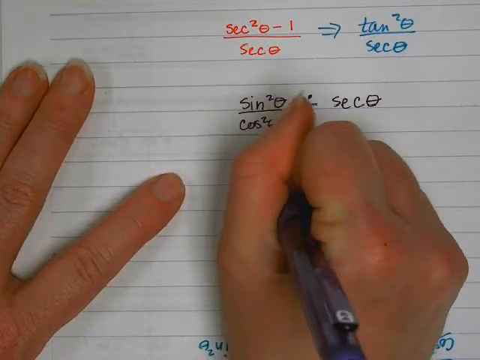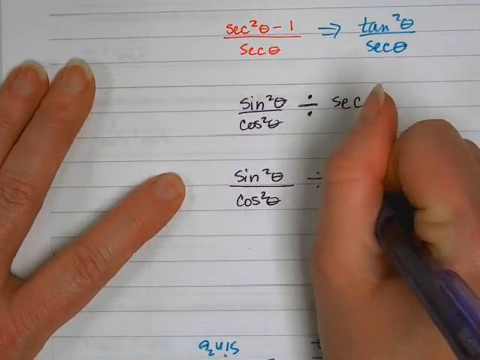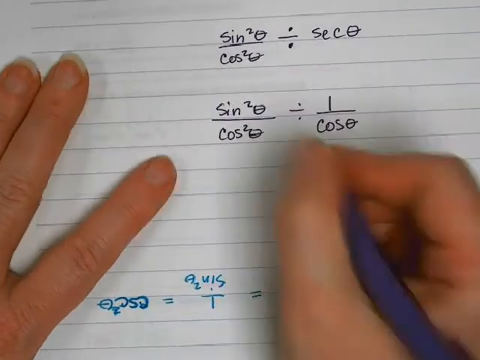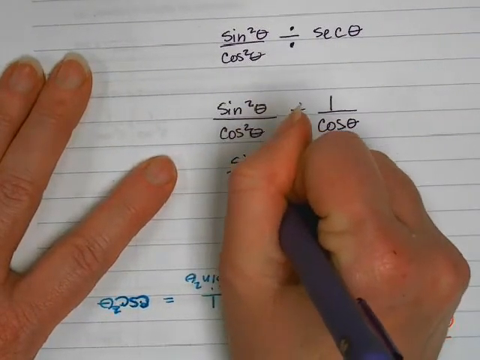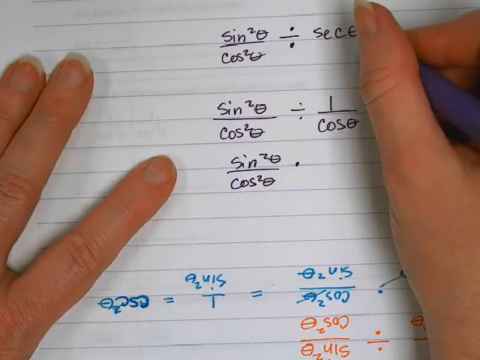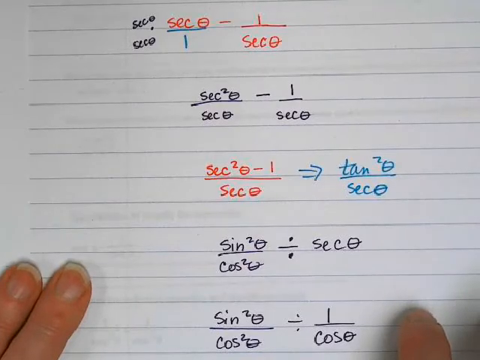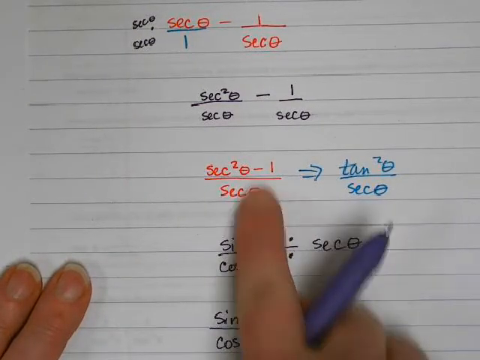So sine squared theta over cosine squared theta divided by 1 over cosine, and then keep, switch, flip. Wait, is it secant squared? It wasn't squared, because it was always 1 on the bottom.